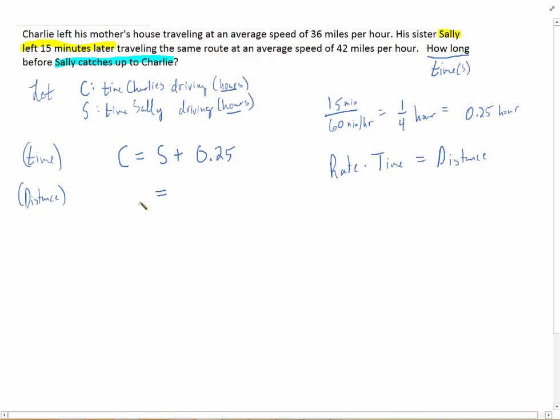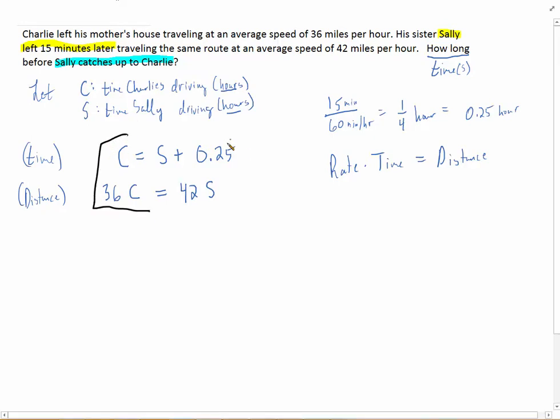Charlie's distance is rate times time: Charlie's rate is 36, Charlie's time is C. Similarly, Sally's rate is 42, and Sally's time is S. So we have a second equation here working with the distances.